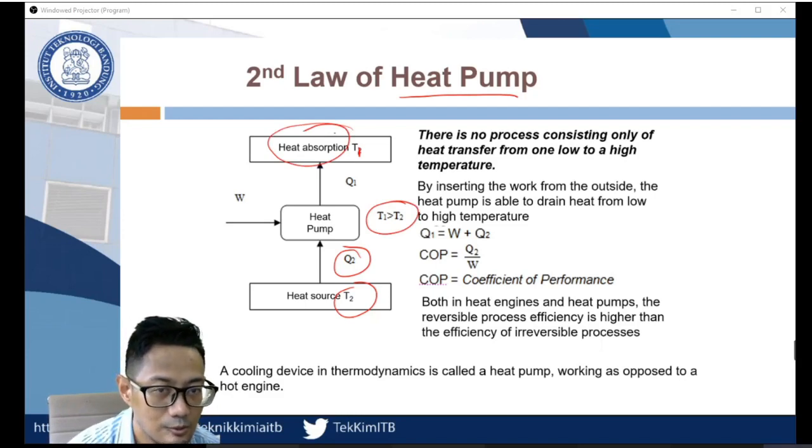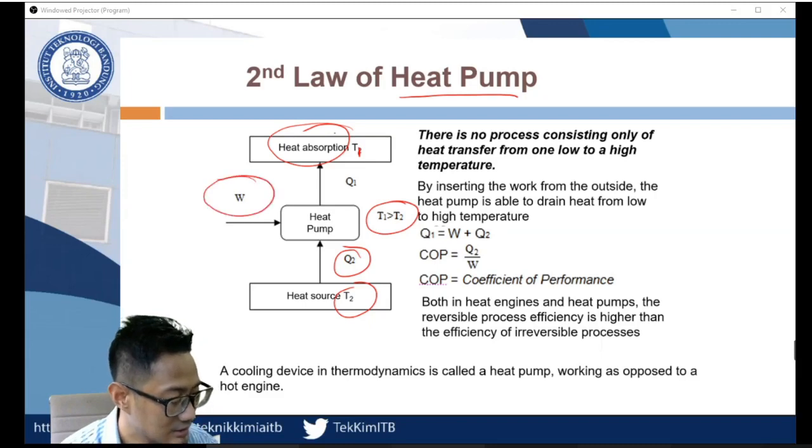It means we can transfer heat from lower temperature to higher temperature using additional energy. We use work that goes into the system called the heat pump.